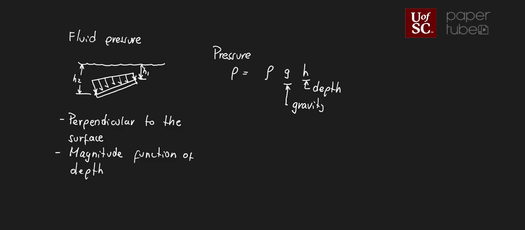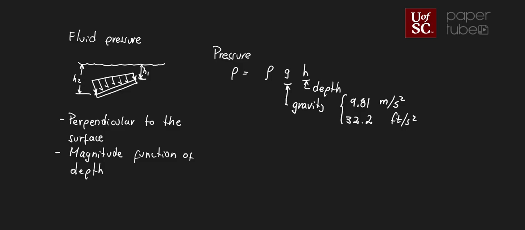And just as a reminder, in the International System of Units, this is 9.81 meters per second squared, and then we have 32.2 feet per second squared.